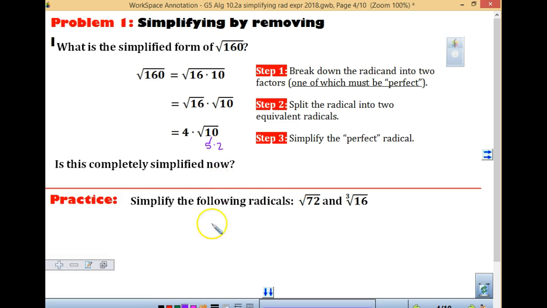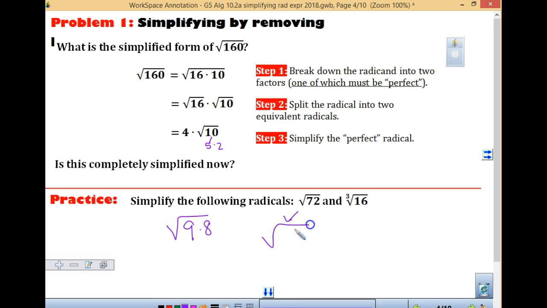So it says simplify the following: square root of 72 and cube root of 16. Square root of 72. What's a perfect square that goes into 72? Okay, let's go bigger. 9 times what did you get? When you go 72, you went 9 times 8. Did anyone go larger?